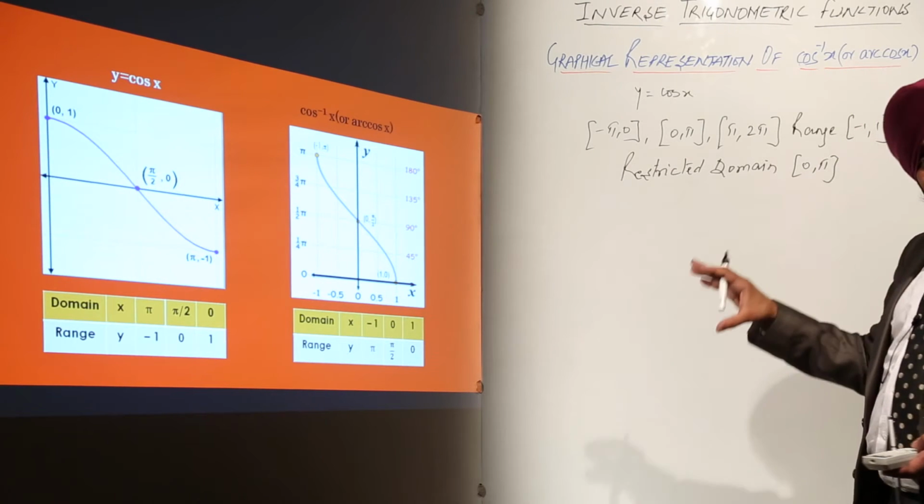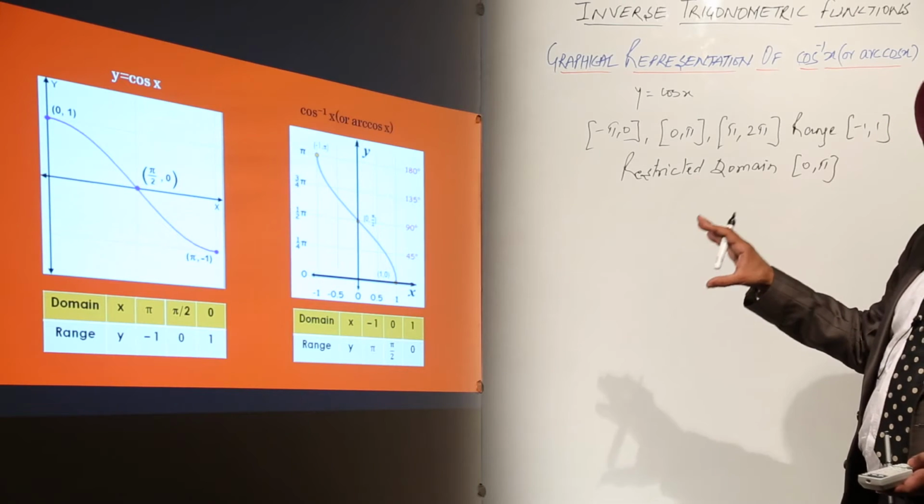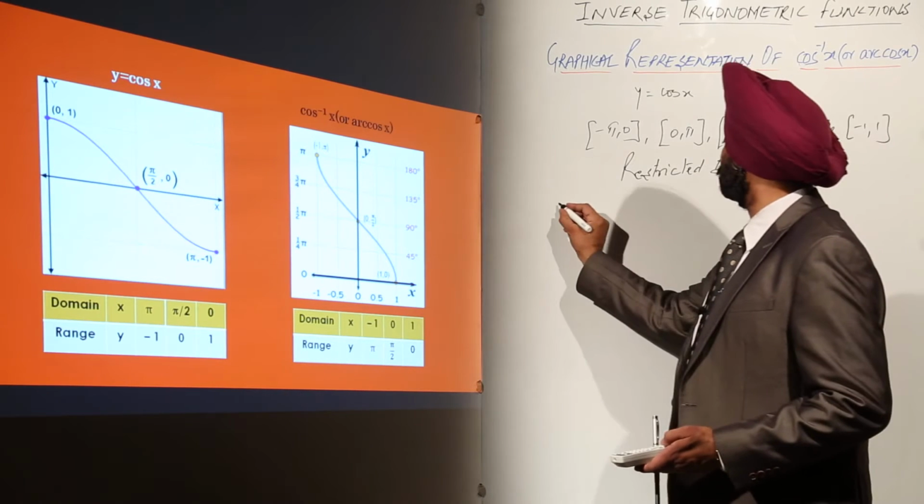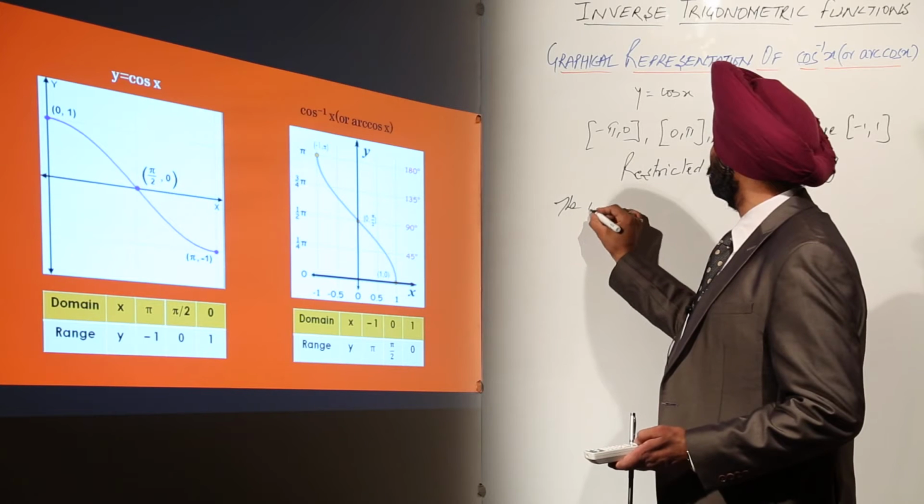Now we can define the inverse of the cos x.